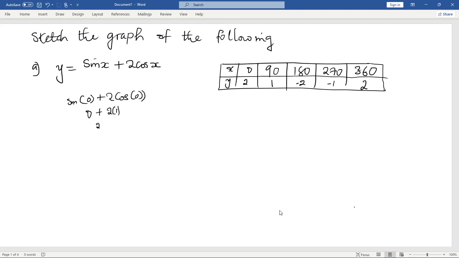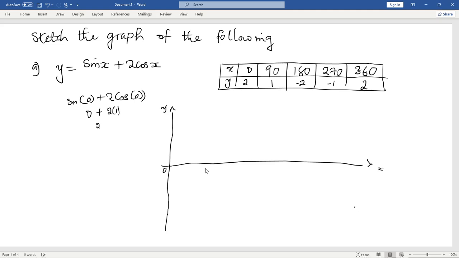So the next thing that we're going to do is draw a graph from below, and we just plot the numbers that we have on top there. So this is the x axis, and that's the y axis like this.